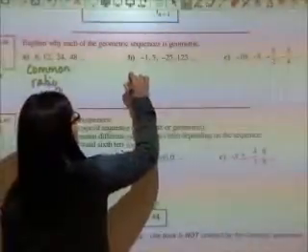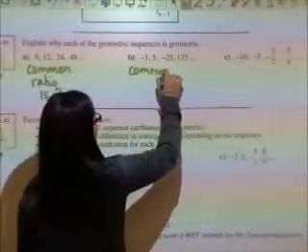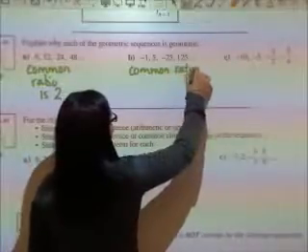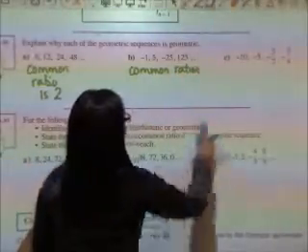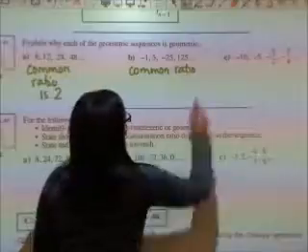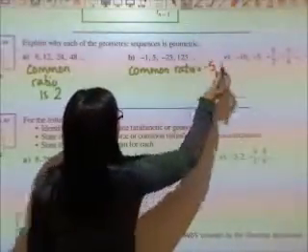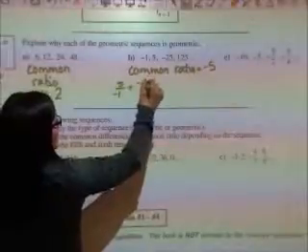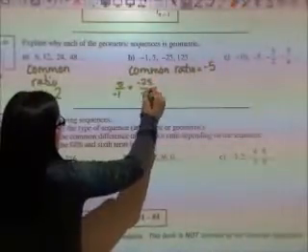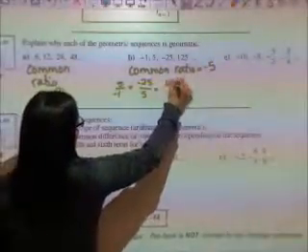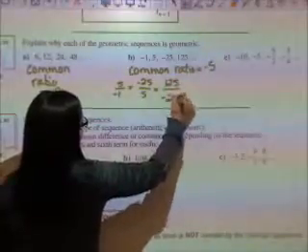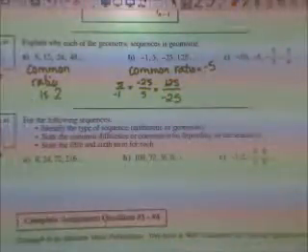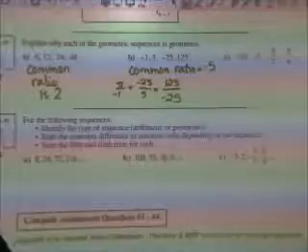The common ratio is -5. And I can get that by going 5 divided by -1, which is the same as -25 divided by 5, which is the same as 125 divided by -25. I still get -5 each time.